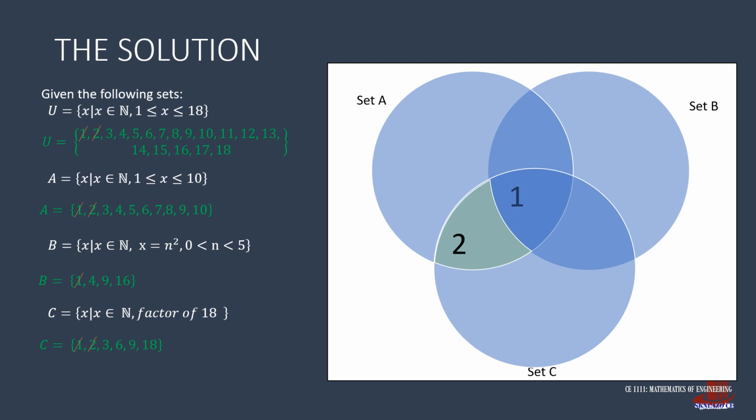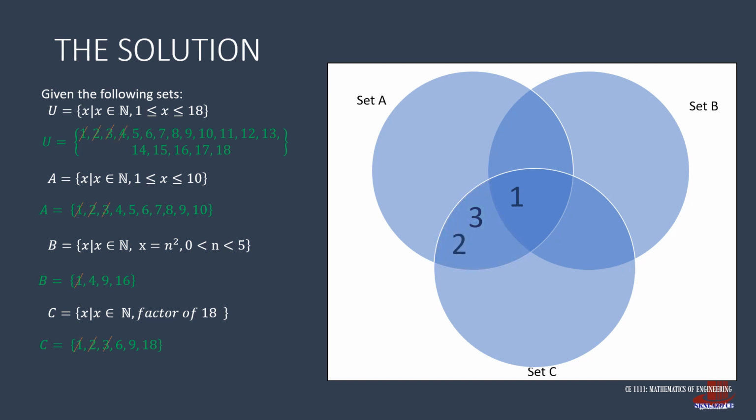And again, it is common in sets A and C. Next is 3, which can be found in sets U, A, and C. Just like 2, 3 is placed in the overlap of sets A and C.